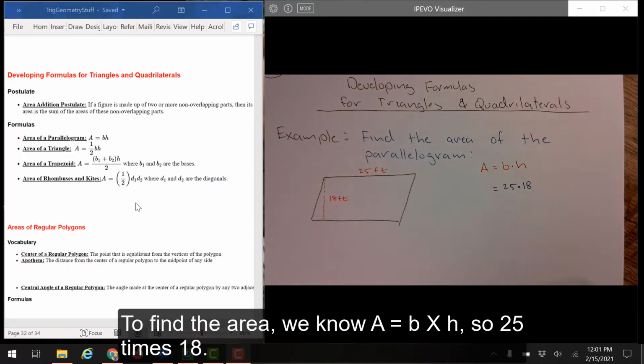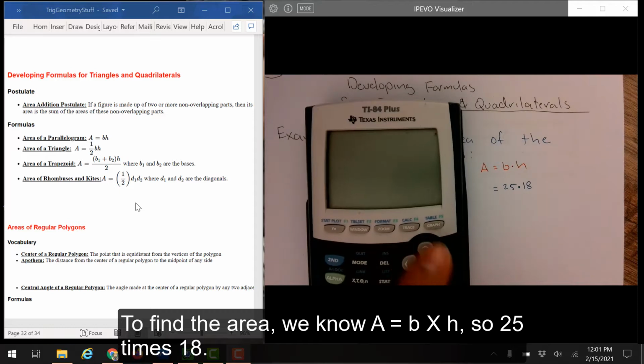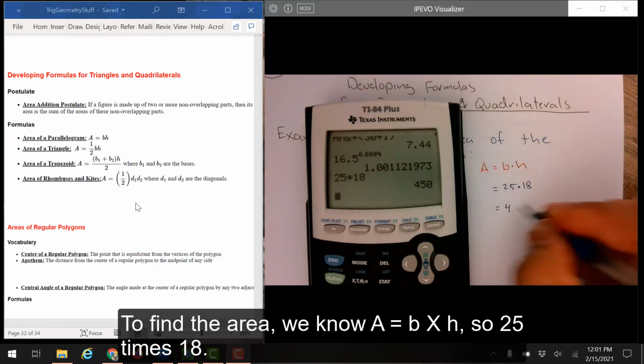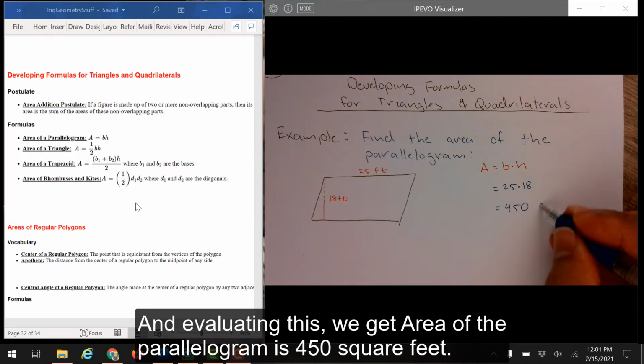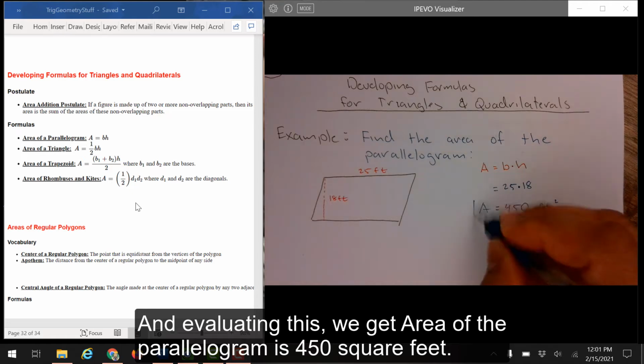To find the area, we know A equals B times H. So 25 times 18. And evaluating this, we get the area of the parallelogram is 450 square feet.